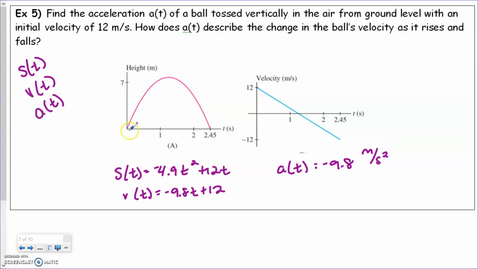So if the velocity is positive and my acceleration is negative, that means it's slowing down. And then as my velocity becomes negative and my acceleration is negative, that means it's speeding up, but it's falling or going backwards. So this is going in a positive direction with a negative acceleration versus a negative direction with a negative acceleration.